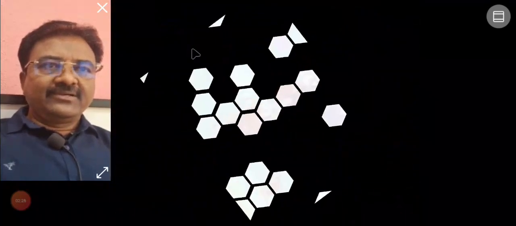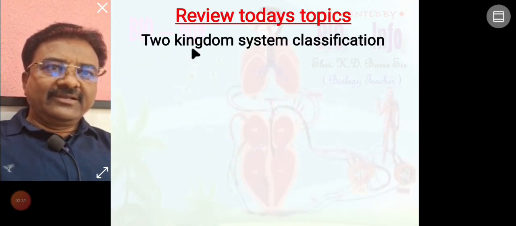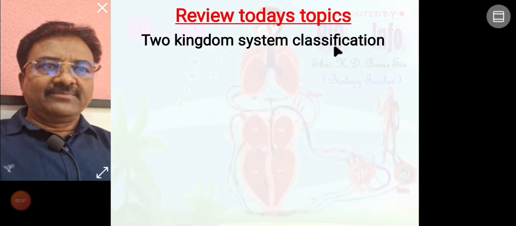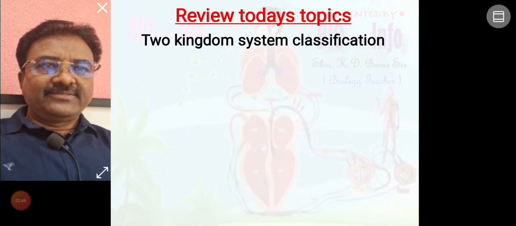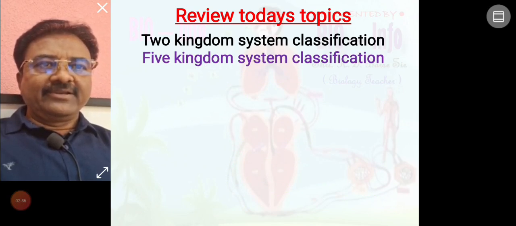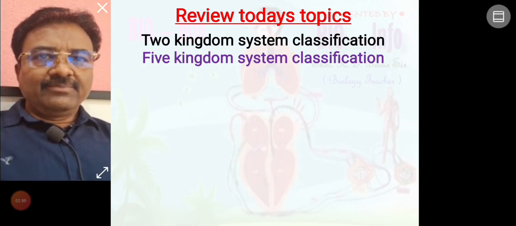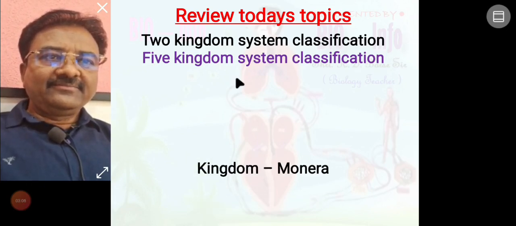Review today's topic. We learned in today's lecture the two kingdom system of classification, Kingdom Plantae and Kingdom Animalia, including all different organisms, proposed by Carl Linnaeus. The five kingdom system of classification contains five different kingdoms: Monera, Protista, Plantae, Fungi, Animalia.